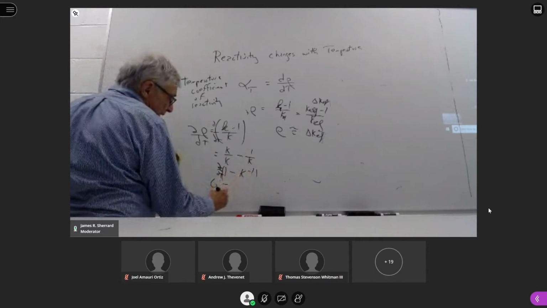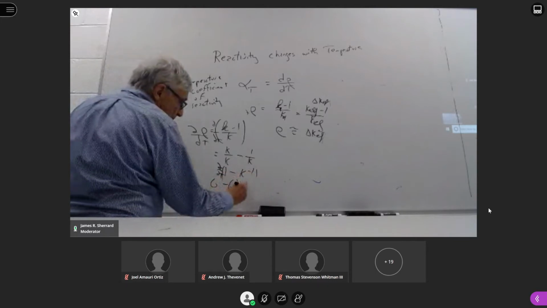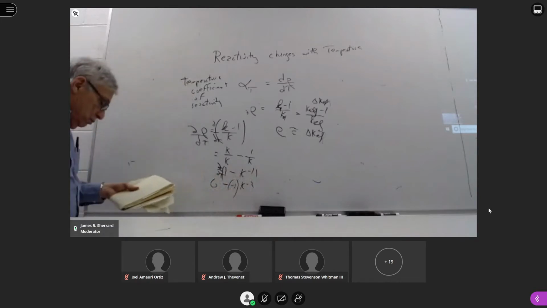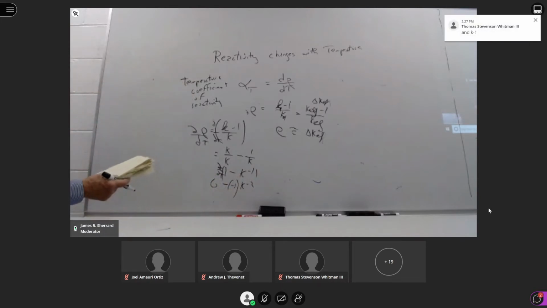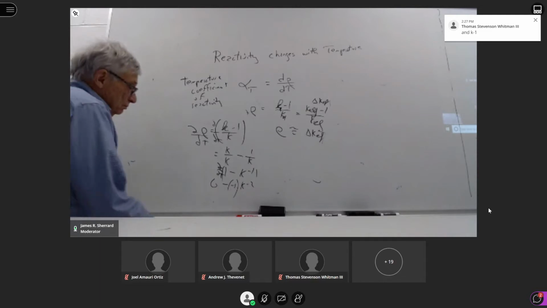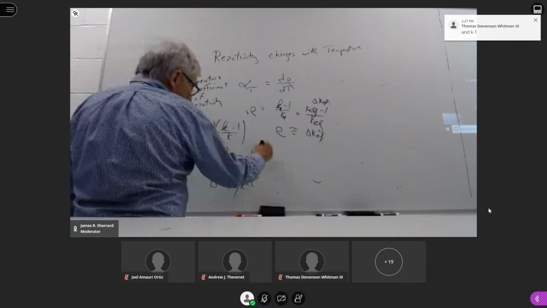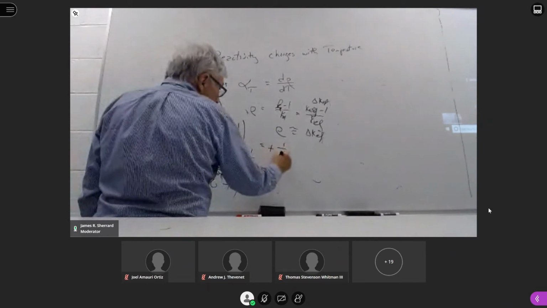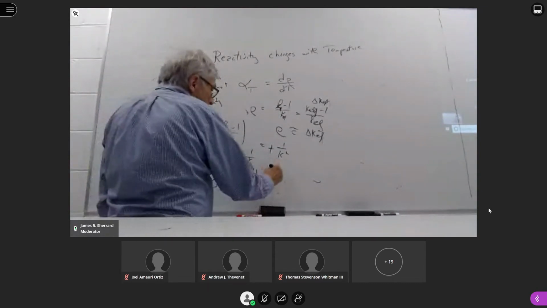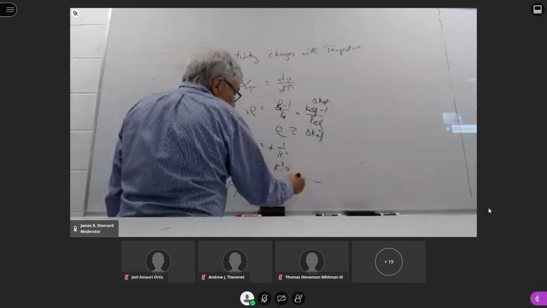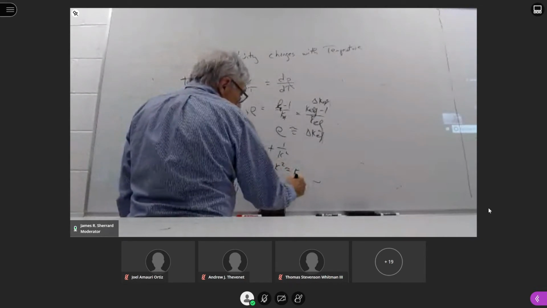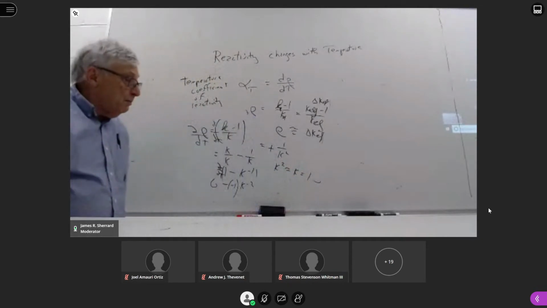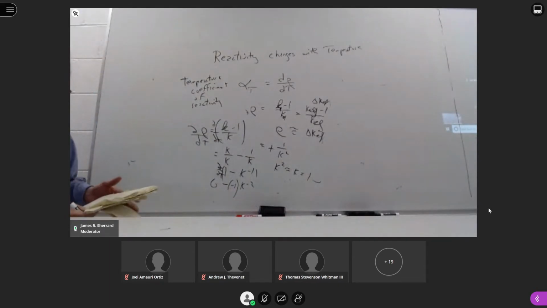If this comes down, minus 1, K to the minus 2. So this is equal to, minus and minus is plus 1 over K squared. K squared is effectively still 1, because 1 squared is 1.